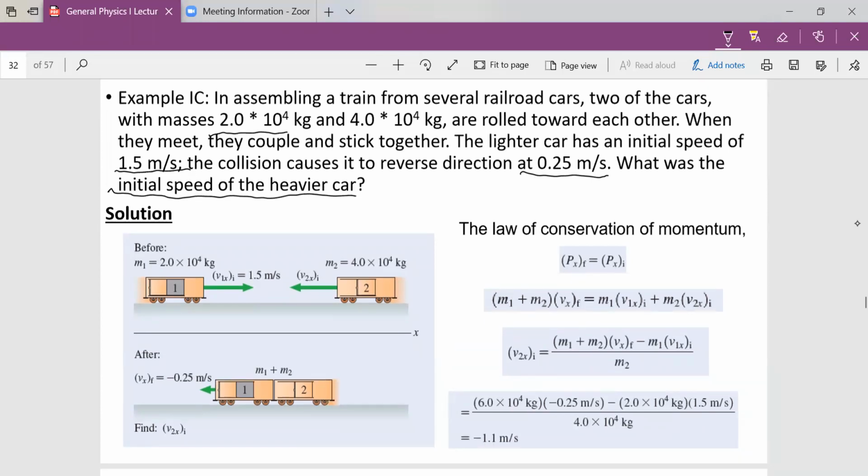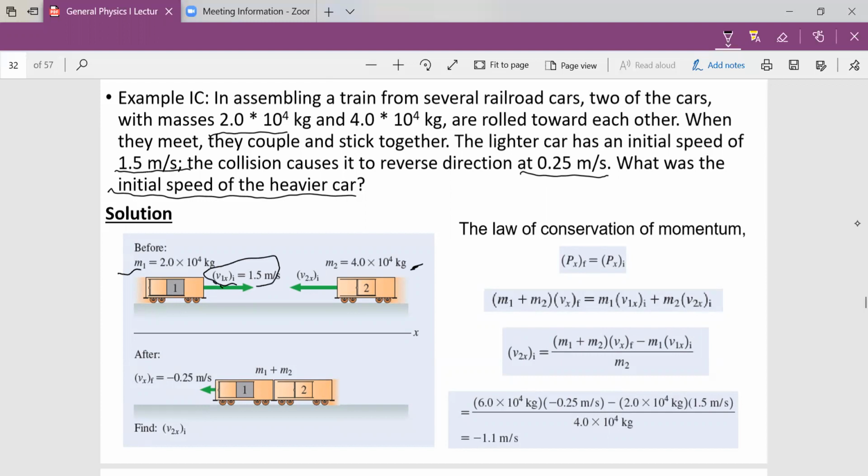So let's make a virtual presentation of the question given to us. We have two cars. Car one, which we're assuming is the lighter one, has this mass, 2.2 times 10 raised to the power 4. And then car two has this mass as given in the question. The initial velocity of car one was specified to be 1.5 meter per second.